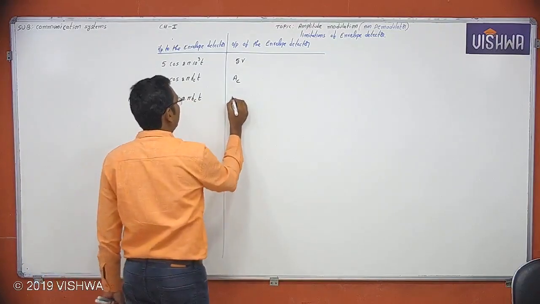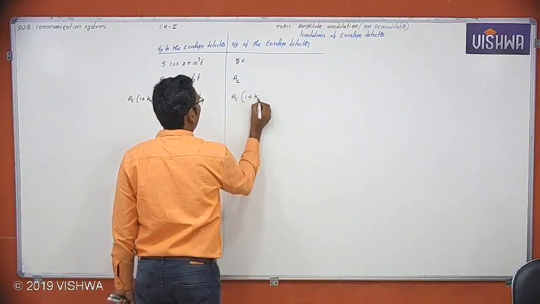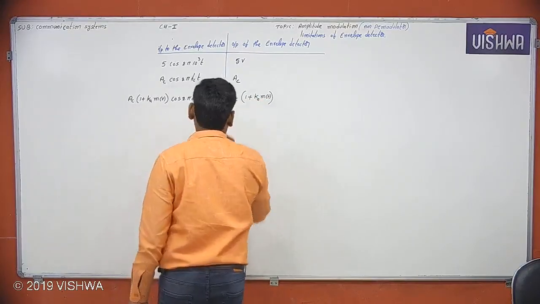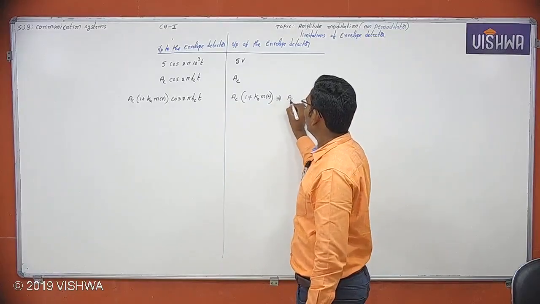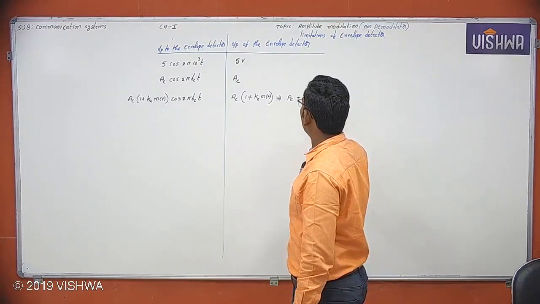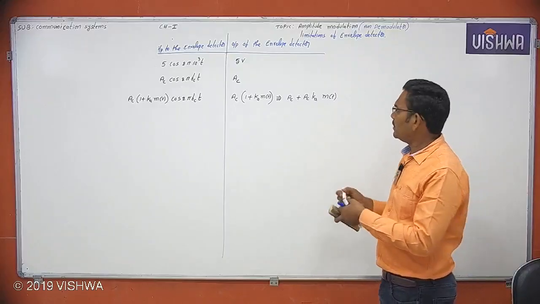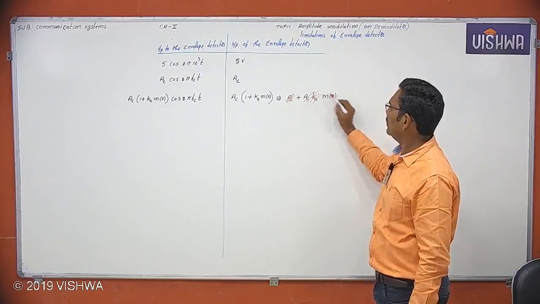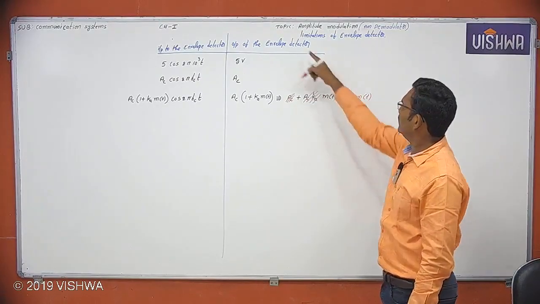The output is Ac into 1 plus Ka into m of t, which is nothing but Ac plus Ac Ka into m of t. Not a problem. By using blocking capacitors, you can block the Ac component and then you get only m of t as the output of the envelope detector.